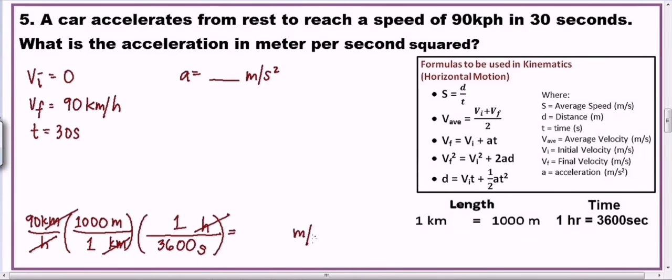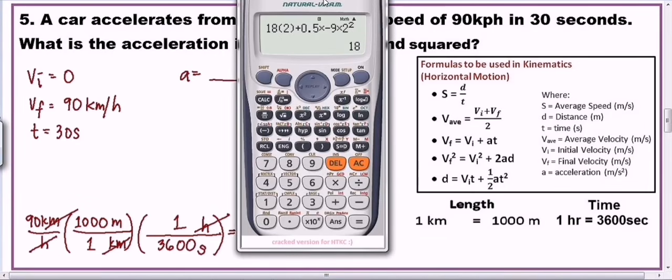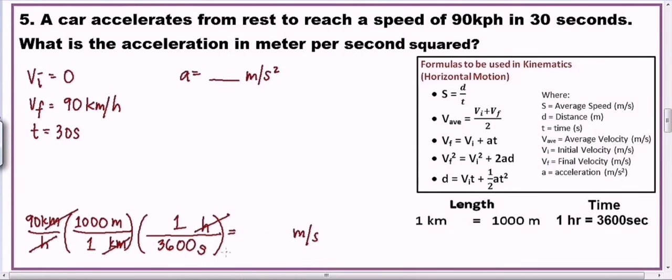So, I have 90 times 1,000 times 1. Ayan, may 1 pa rin sa taas. 90,000 divided by, since nasa baba, si 3,600. So, the answer is 25. So, 25 meter per second. Meaning, this one is equivalent to 25 meter per second.